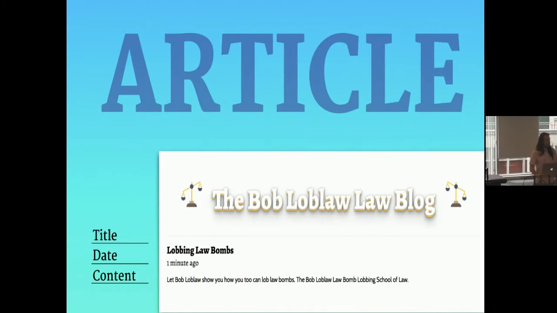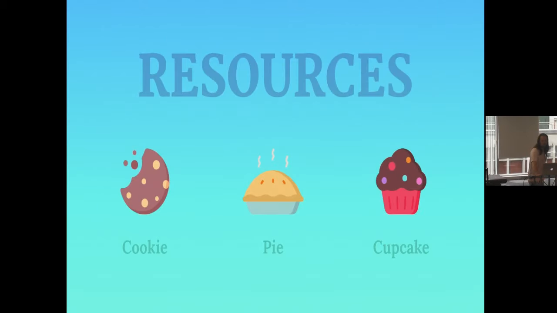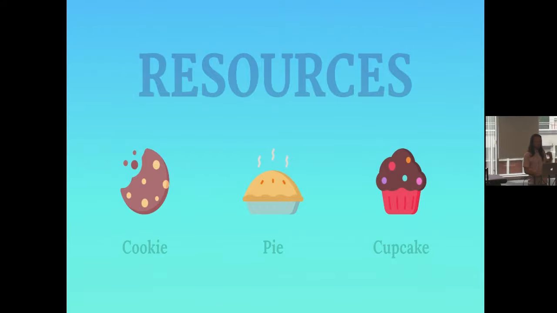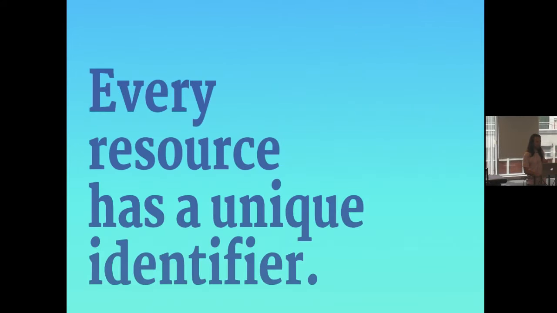So ID, title, and content, that's what we'll be dealing with for my blog posts. With cookies and pies and cupcakes, it could be the filling, it could be the properties, it could be the size of them. They could be mini cupcakes or large ones, and mini pies are kind of cool, so that we could have as well. But every pie would have its own ID, every cookie would have its own ID. And so this is how we keep track of things. Make sense? Okay.